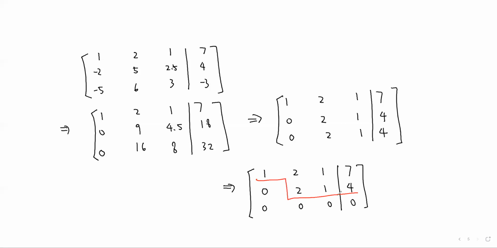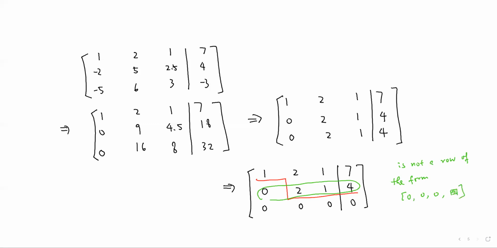Look at the bottom non-zero row. Yes, the bottom non-zero row is this row. This row is not of the form 0, 0, 0, then non-zero.